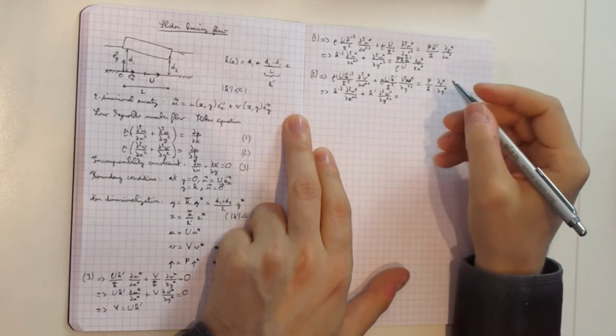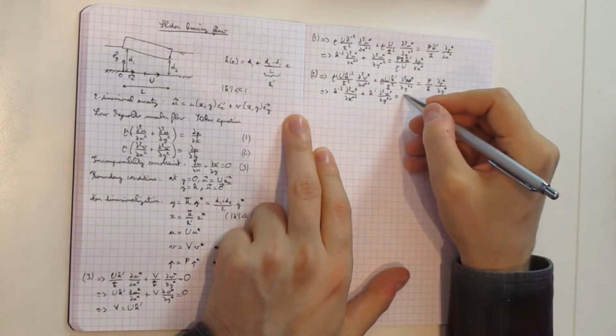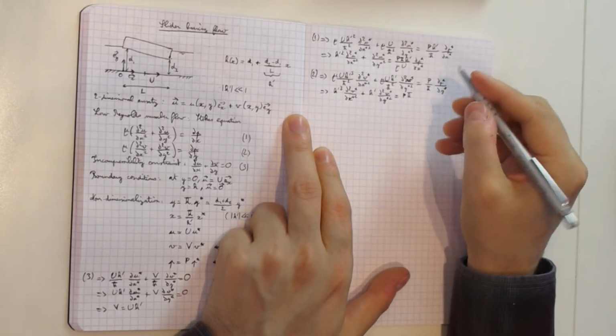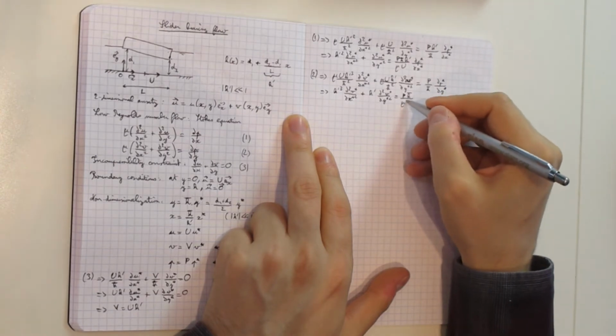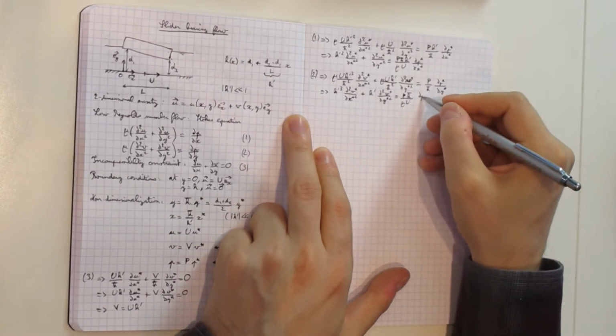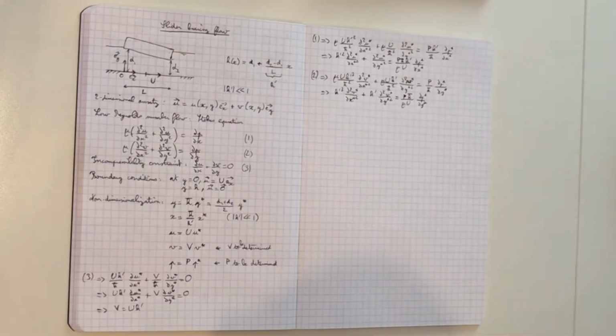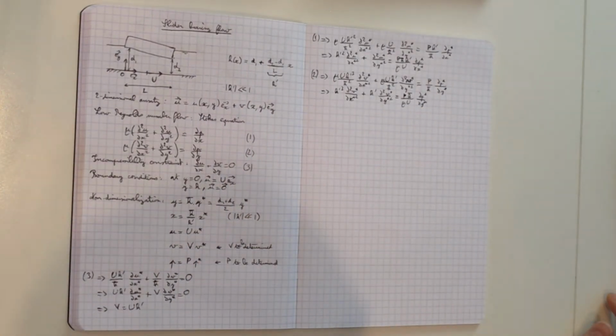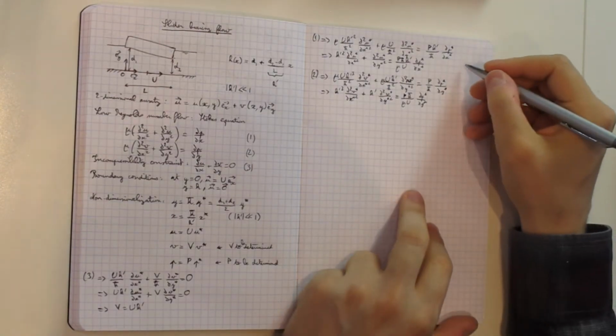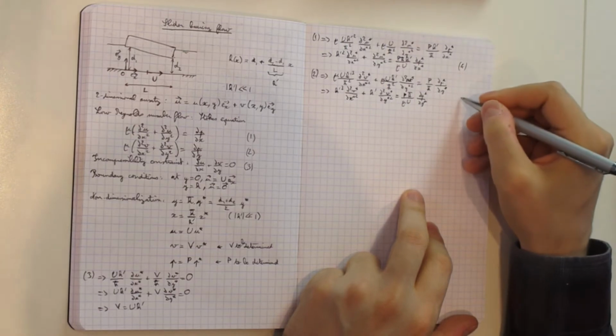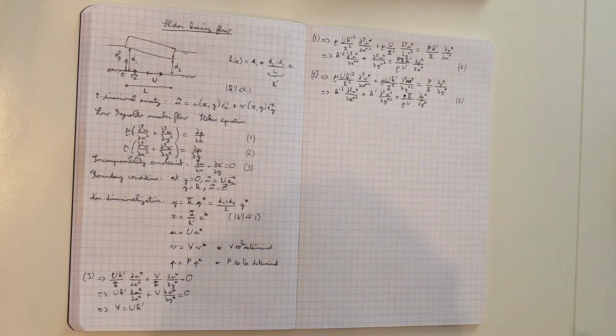And on the right hand side I'm getting p h bar over mu u dp star over dy star. Okay, so these equations are written now in non-dimensional form, and I'm going to just label them 4 and 5 because we are going to get back to them in a second.